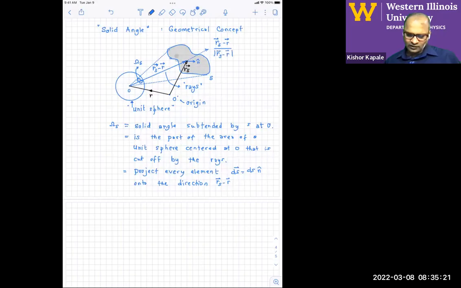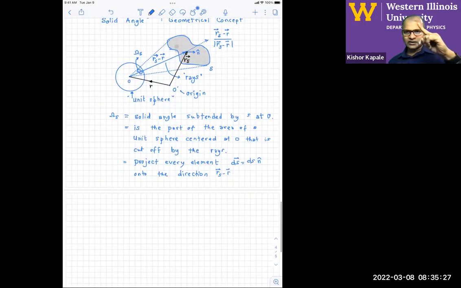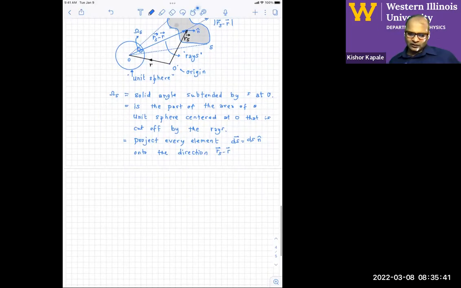We don't have anything more compact than that. So that's how we can write down that unit vector in the direction of the rs minus r vector, and the unit vector that is perpendicular to the surface at that position is not necessarily along that. It has to be tilted somewhere else. So there are now two vectors, and we want to look at the angle between the two. So the projection there is going to be important.